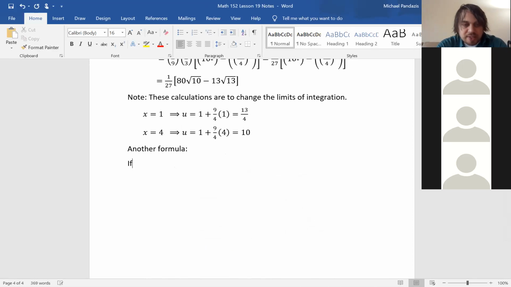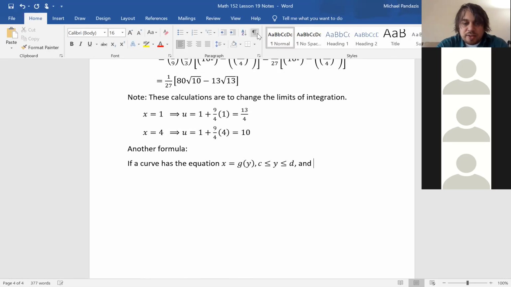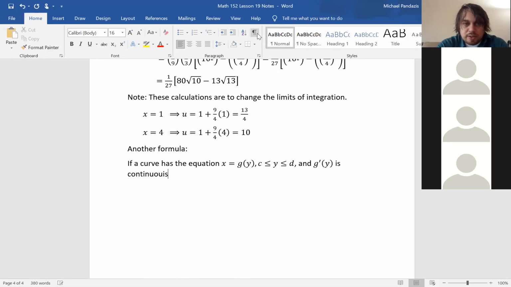Okay, if a curve has the equation x equals g of y for c less than or equal to y less than or equal to d, and g prime of y is continuous, and by interchanging the roles of x and y in the previous formula, we obtain the following new formula.